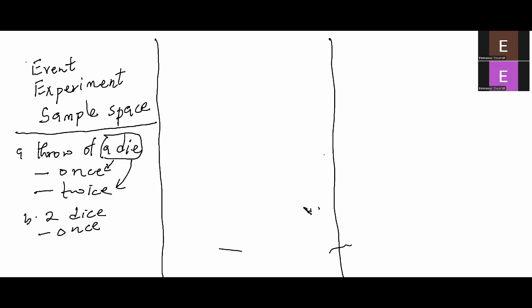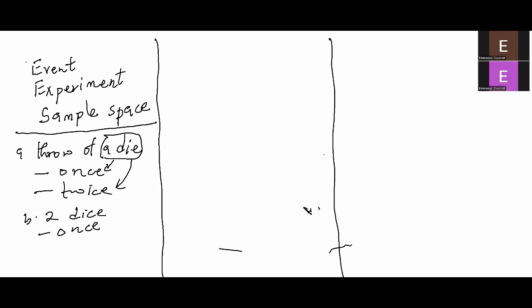So when the question is given to you, just like the first question says a fair die is thrown once. Find the probability of obtaining, and we have some few questions below it. So the experiment in this question is a throw of a die.